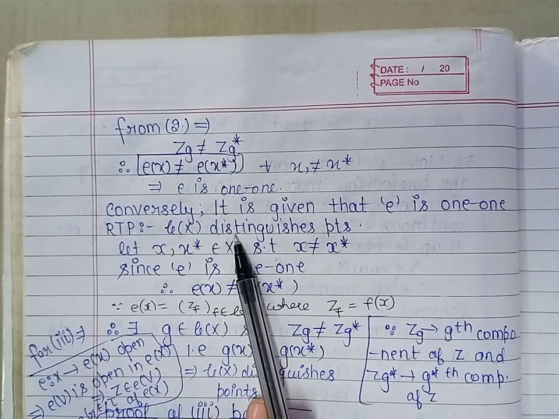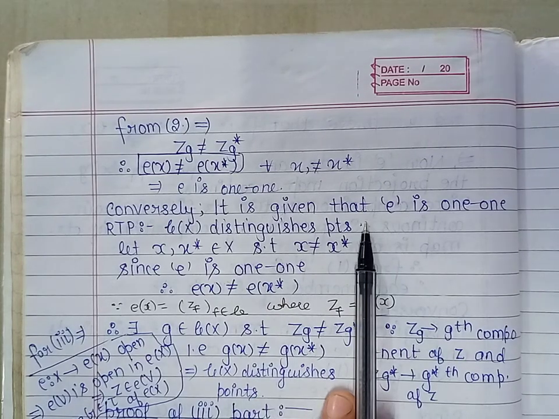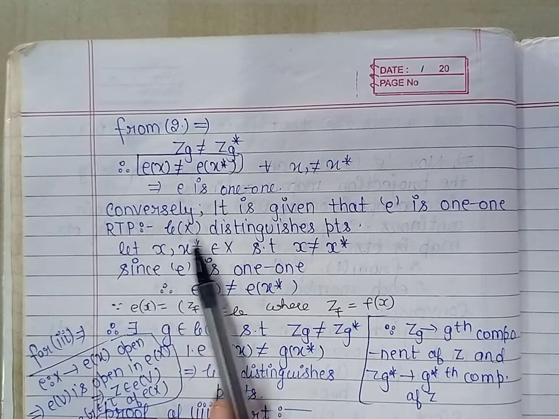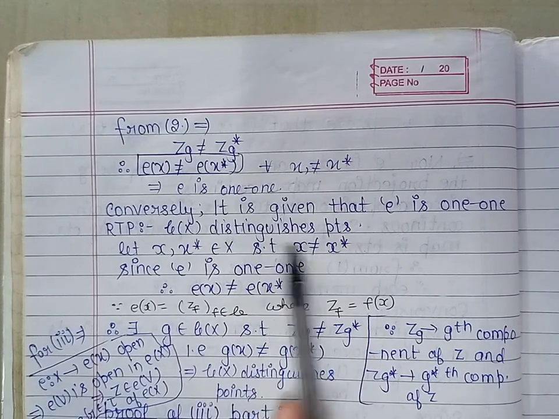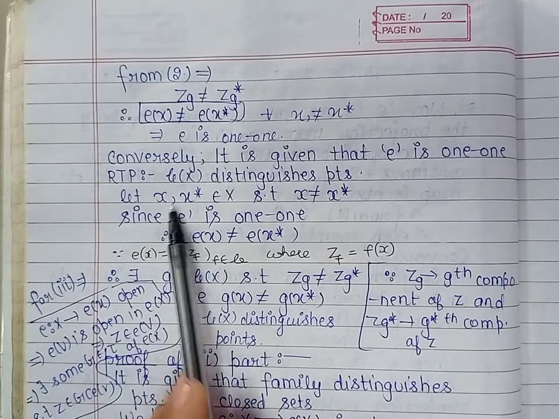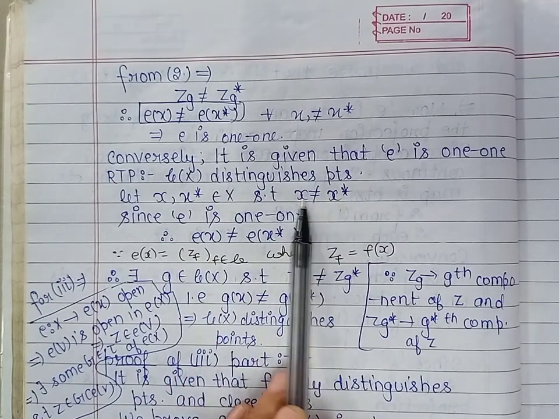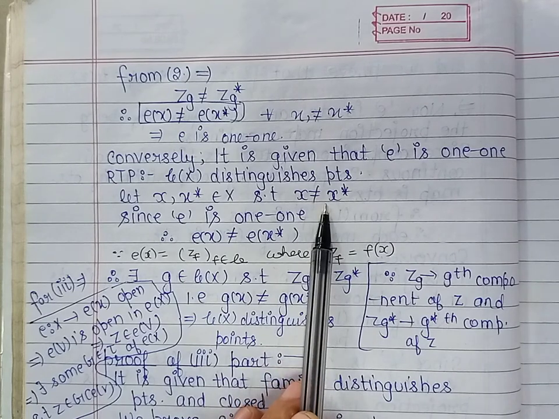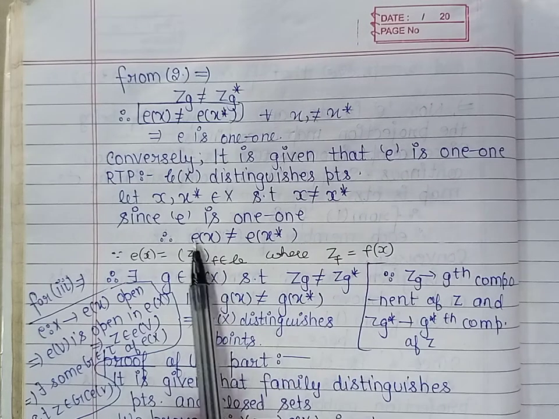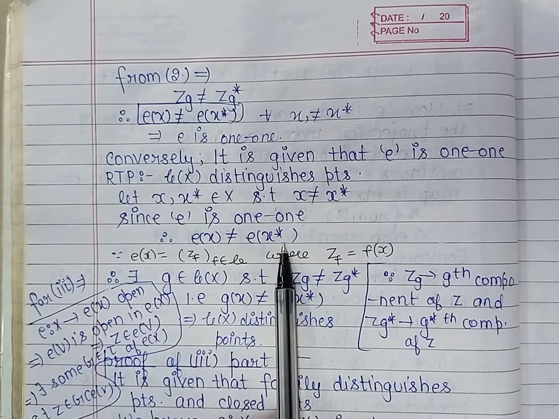Now in the converse part we are given that the evaluation map is a 1-1 map, and we are to prove that the family B_x distinguishes points. So let us take two points x and x star belonging to X such that these two points are distinct. Now because e is 1-1, distinct points will have different images under e. So we can say that e of x is not equal to e of x star.